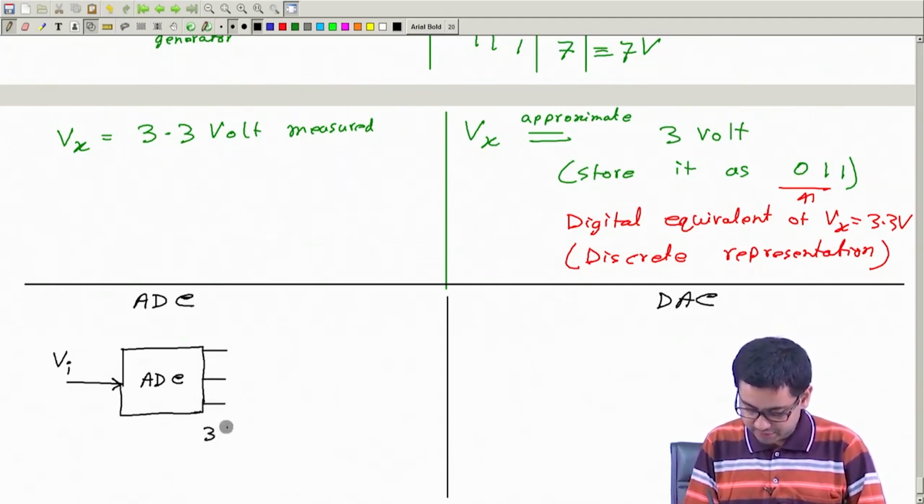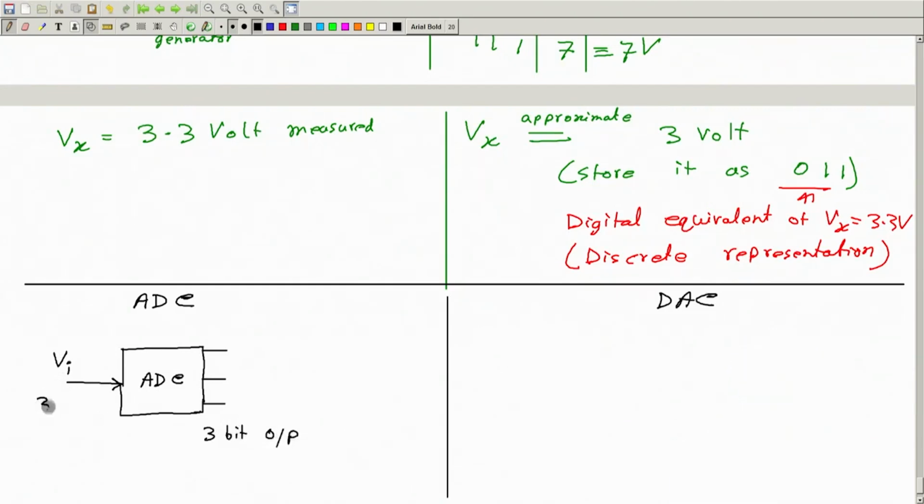This is a 3-bit output, and if the input is 3.3 volt, in this scheme it should come out as 011, where the rightmost bit is the LSB and the leftmost bit is the MSB. This is what an ADC does.